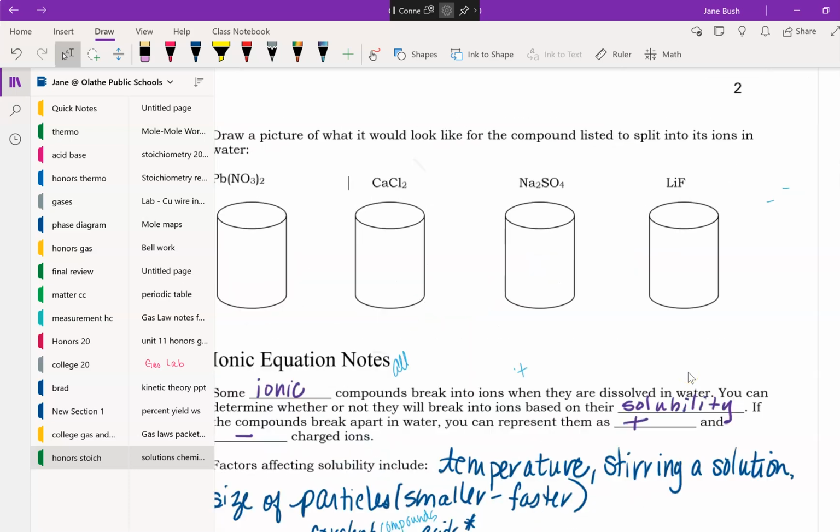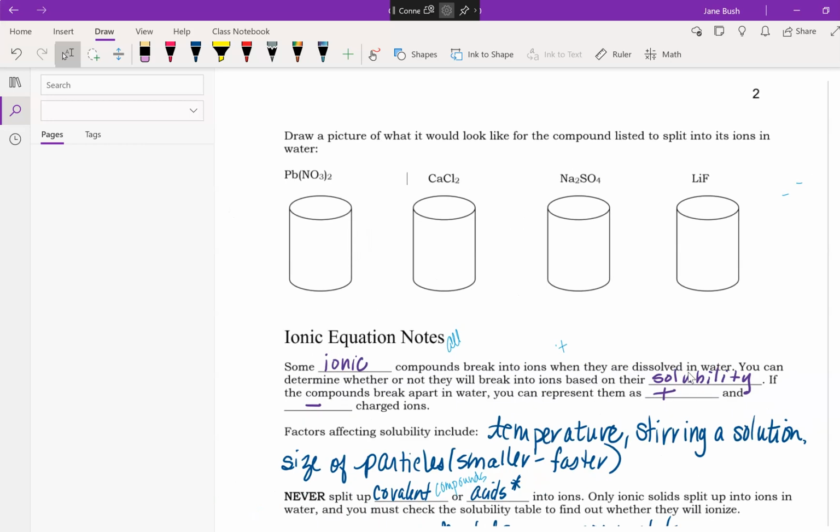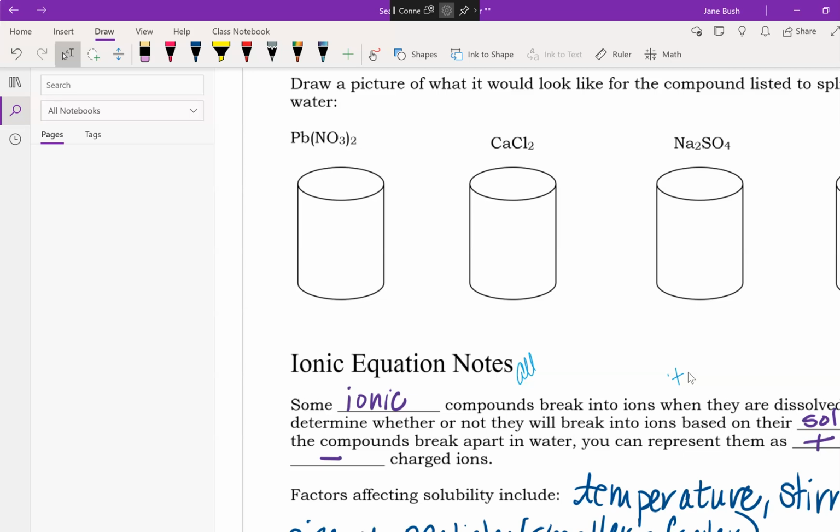So now we're going to draw a picture of what these compounds look like when they dissociate, when they split into their ions. So what is lead going to do when it changes? Right now it's a solid. When we put it into water, what are the particles going to be?